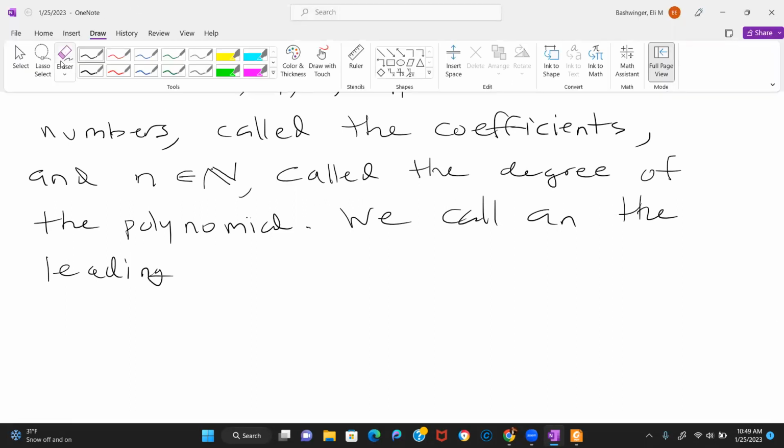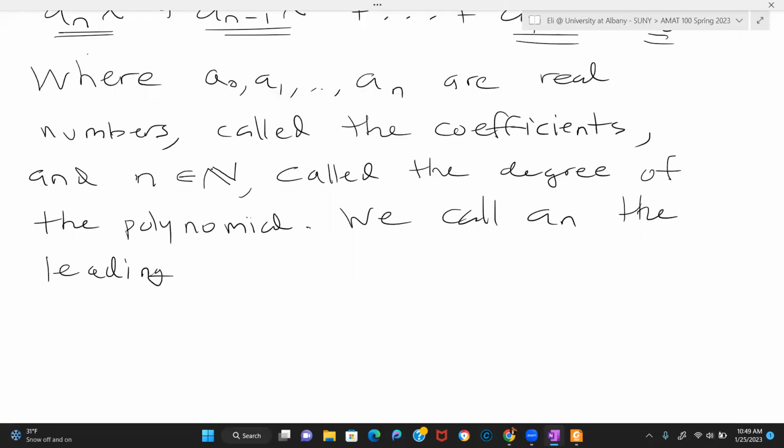Let me not be confusing and just write it out the whole way. So we call an the leading coefficient, and a0 the constant term.